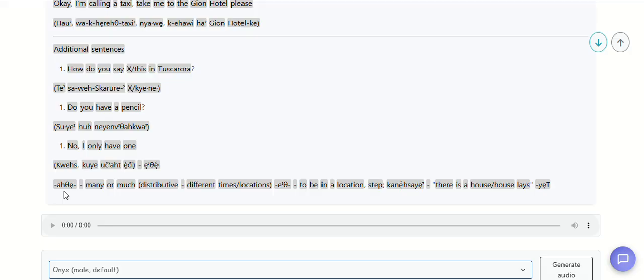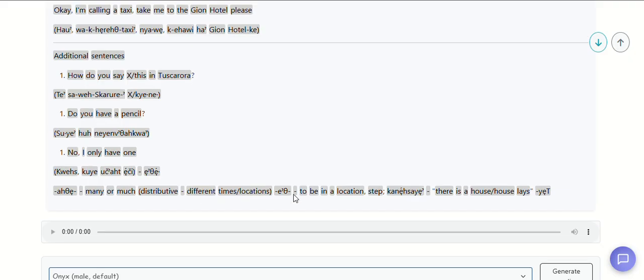You're looking up lamb and it'll tell you how to say lamb and break down the word, but it won't show you anything more. Whereas on the Tuscarora side you might actually find a full sentence. So there's a lot of interesting stuff, like many or much and distributive.